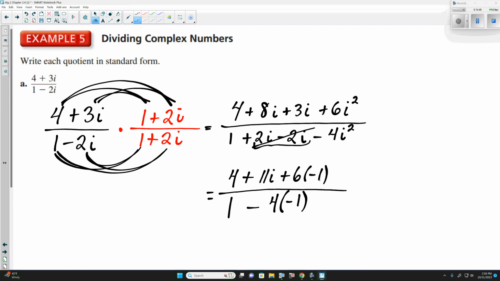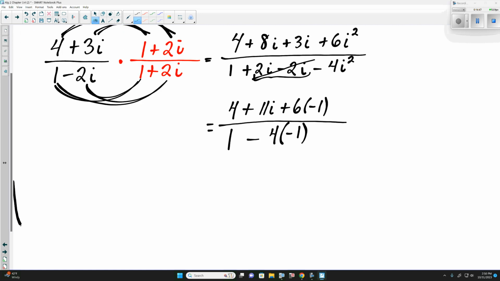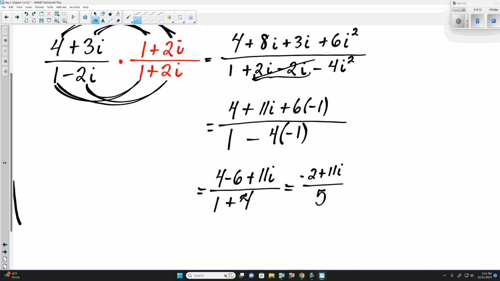Negative 1. Our 6 times negative 1 is negative 6, and I moved it over to the 4 because they are like terms. Our negative 4 times negative 1 is just 4, plus 1 is 5 in the bottom. In the top, 4 minus 6 is negative 2, plus 11i over 5.